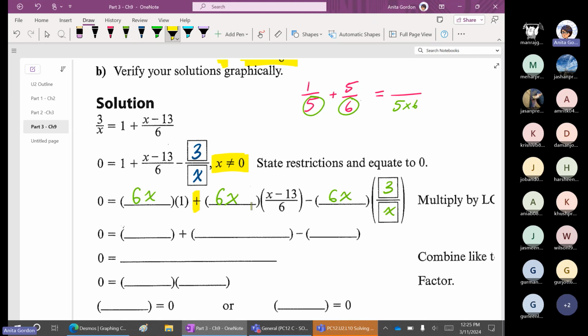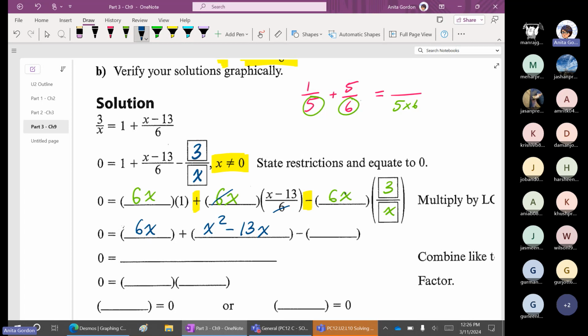Again, pay attention to the plus and minus signs here. When I expand this, 6x times 1 is 6x. 6x times this bracket here, the 6's cancel, but the x remains, so I have to distribute it. x squared minus 13x.